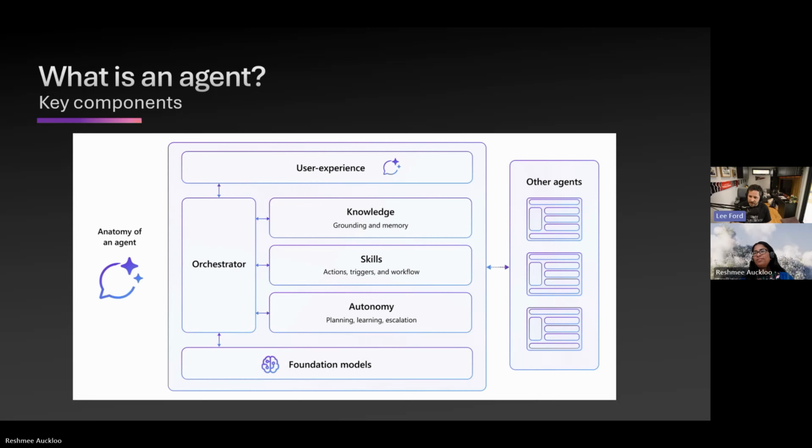If you've got connected agents or other agents, which is obviously what we're talking about today, multi-agents, that's when to bring those agents into the conversation, and when not to use them. And then at the top we've got the user experience. In this case, Copilot is the user interface, but it could be other surface areas as well.